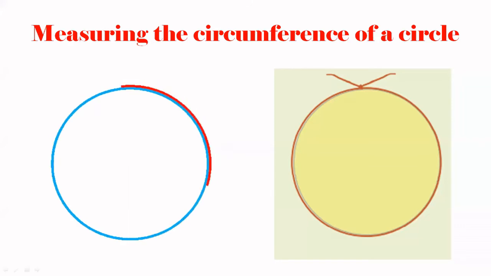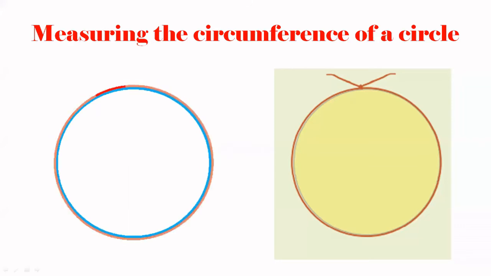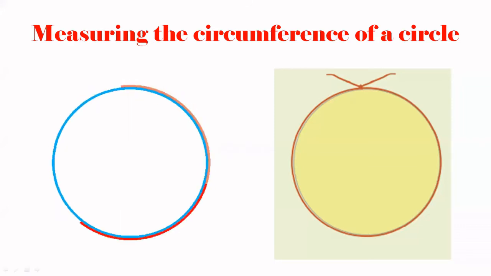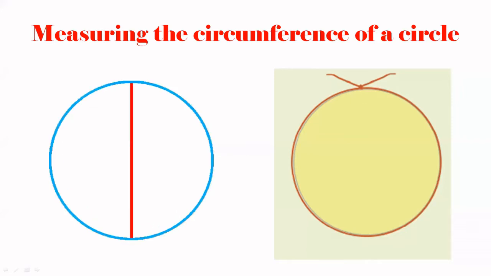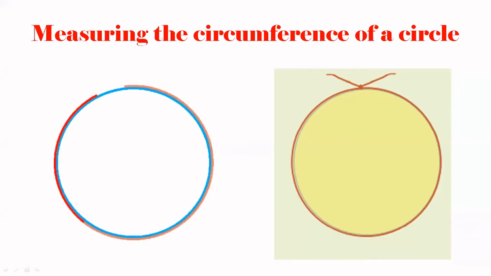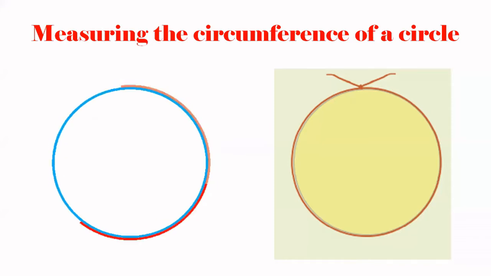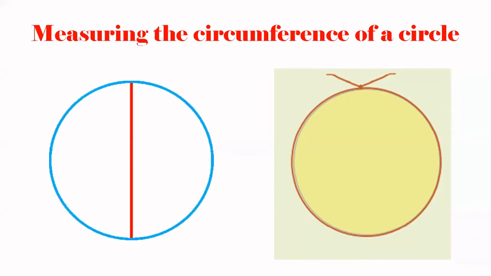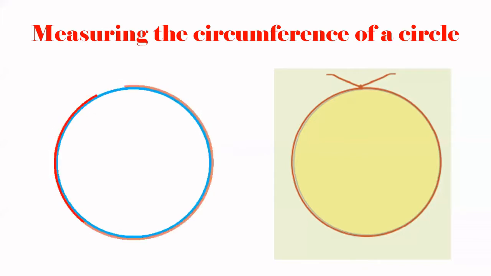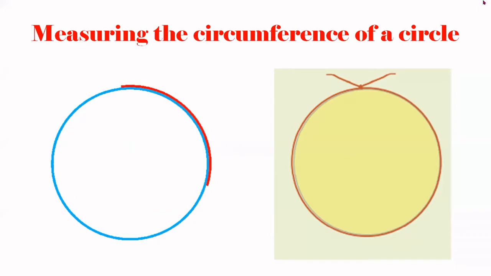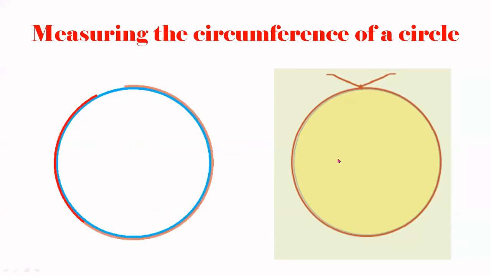Using that relationship, we can solve problems. Okay. If there's a circle, without using formulae, normally we can get the circumference by using this method.